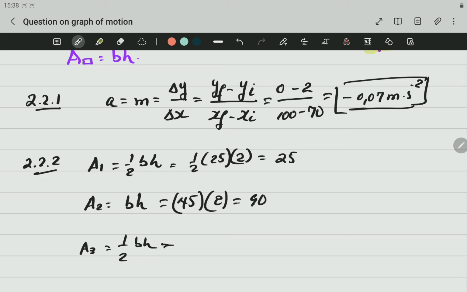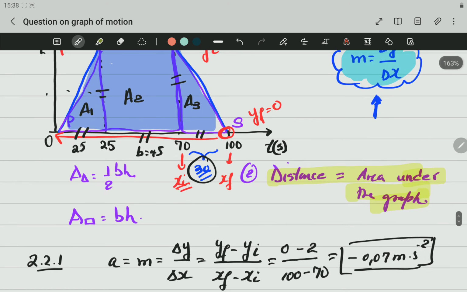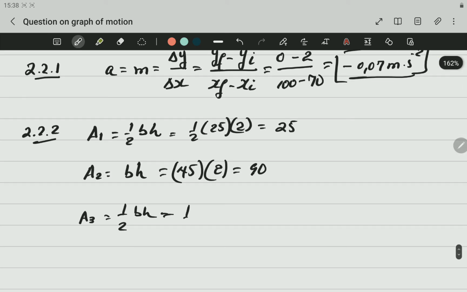And for the last triangle, here in the graph you have the base, which is 30, the height, which is 2. So it's half of the product of 30 times 2, and that will give us 30. So now what is the distance?